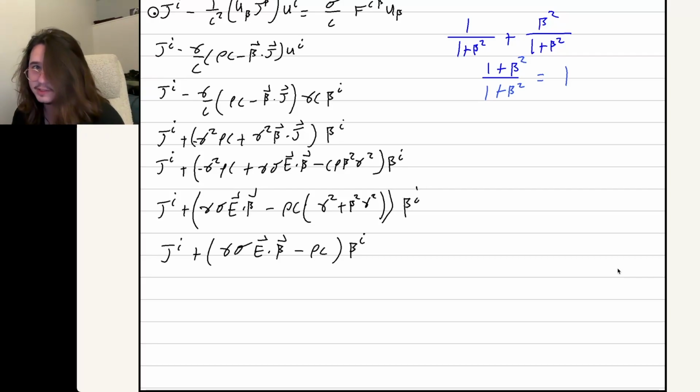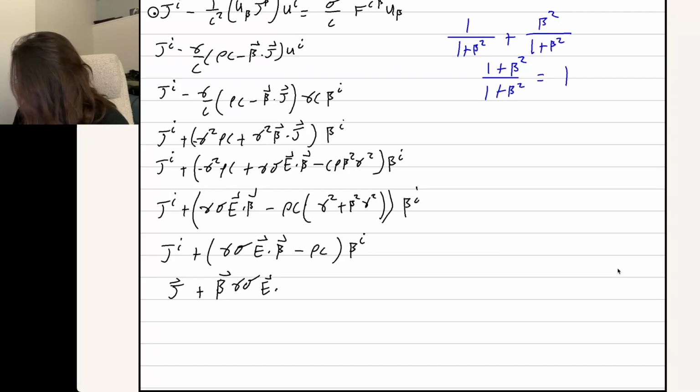Now I'm actually going to sum over i on the left side of the equation, so now we have the 3-current here, so that plus gamma sigma E beta, and let's actually separate these because I want it to be beta vector times gamma sigma times E dot beta and minus rho C beta vector.